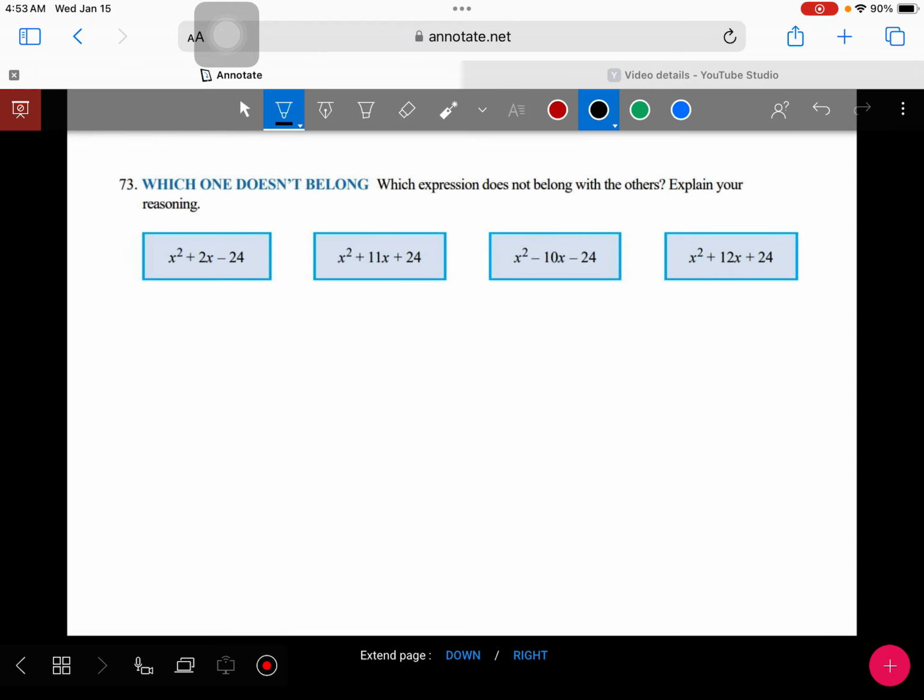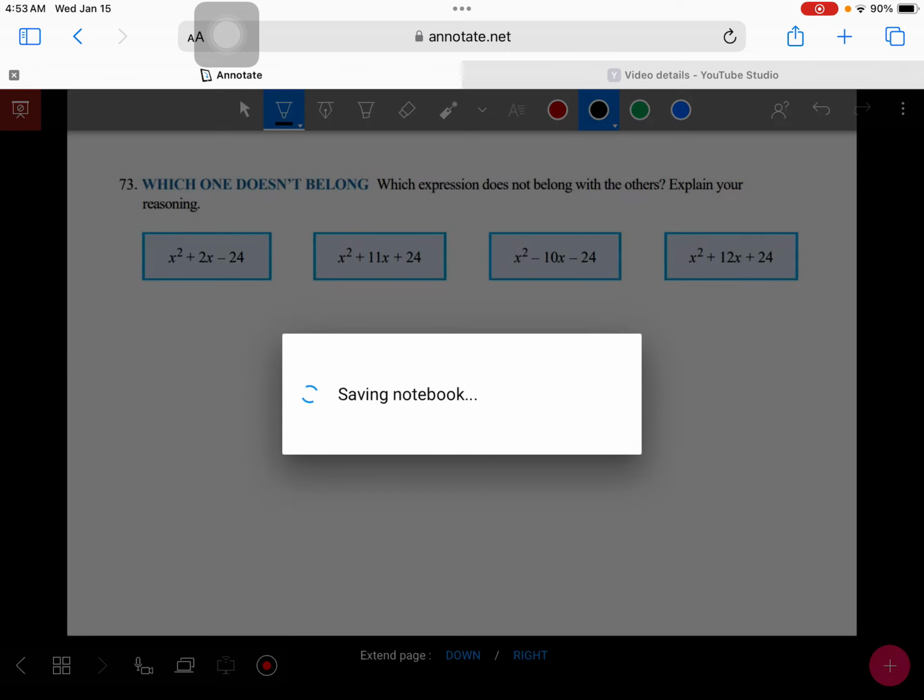Which one doesn't belong? Again, you're probably going to have to do some work, okay? So finish this page up. This homework should be due tomorrow, and be ready to turn that in, okay?